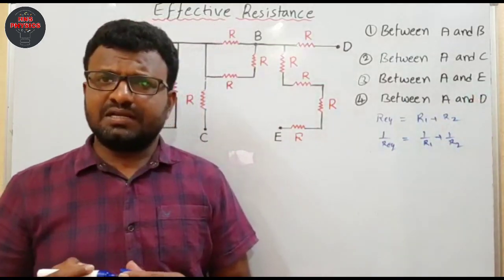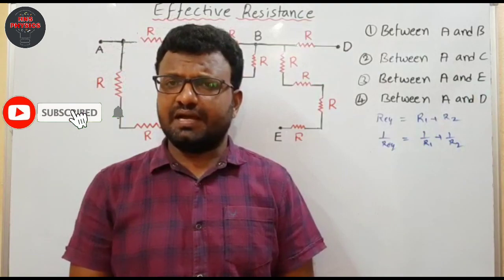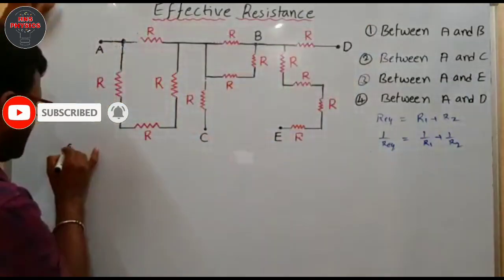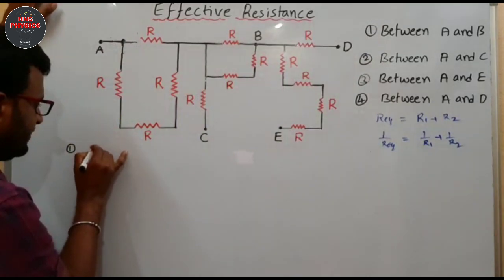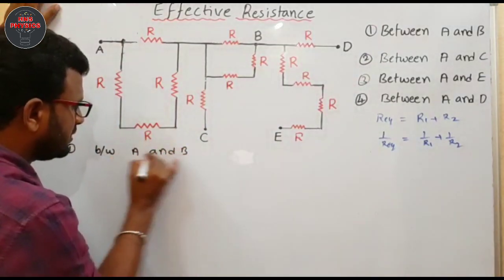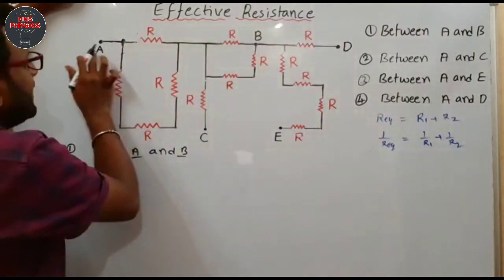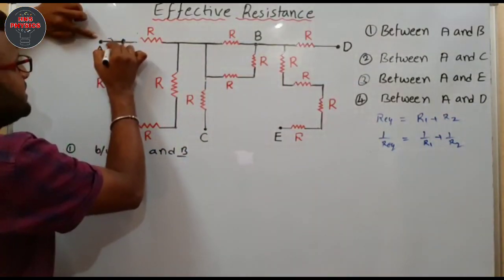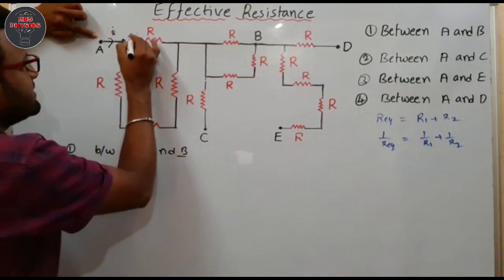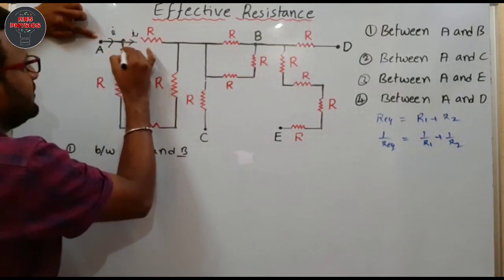Now we have to start with the effective resistance between A and B. Current is coming from the source of electricity. When it comes here, that current is split into two parts, I1 and I2.